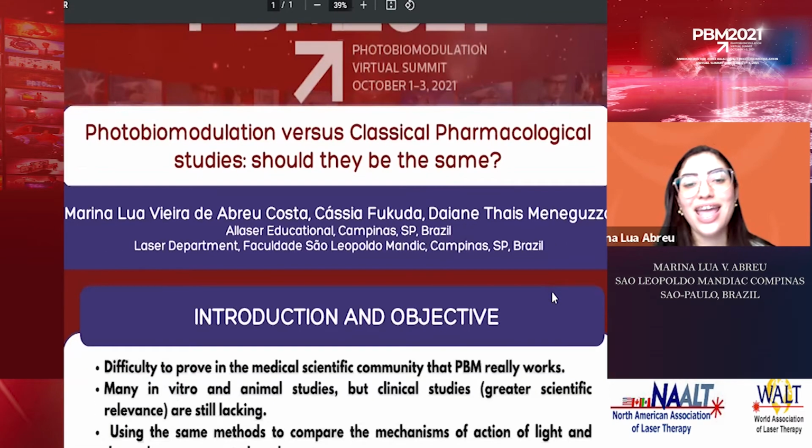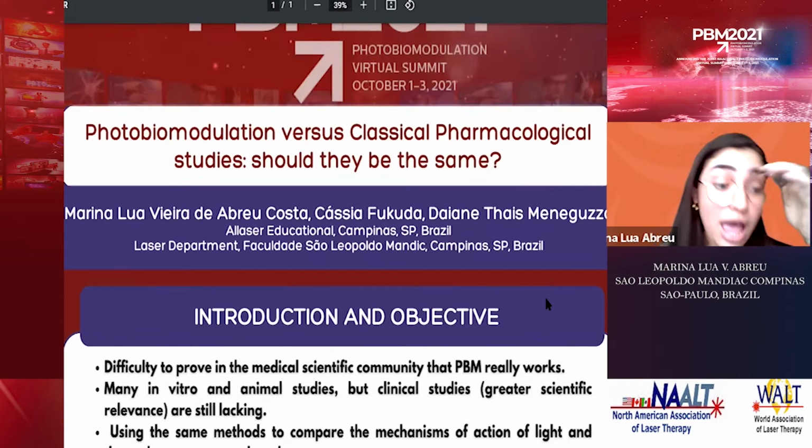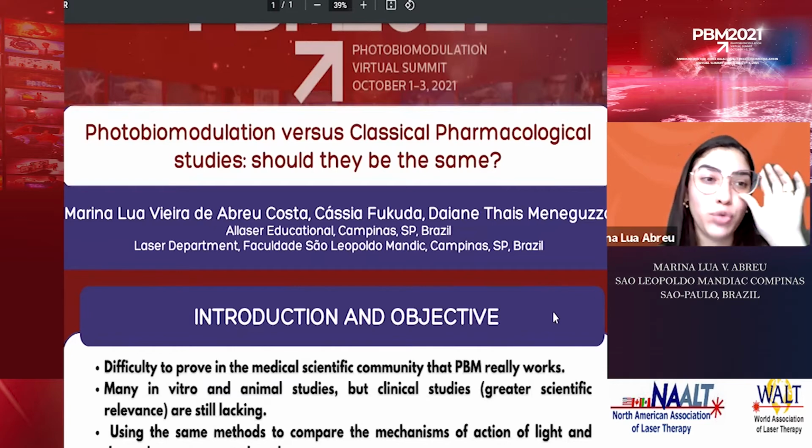Despite advances in the dissemination of studies involving photobiomodulation, it is still difficult to prove to the medical scientific community that PBM really works, because in many in vitro and animal studies we can prove it, but when it comes to randomized clinical trials, we have some difficulties too.